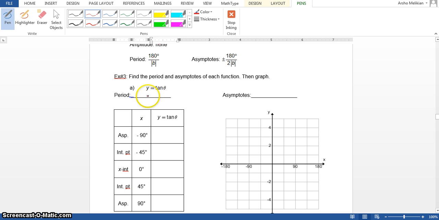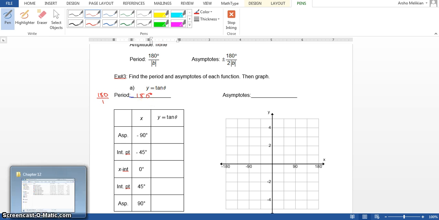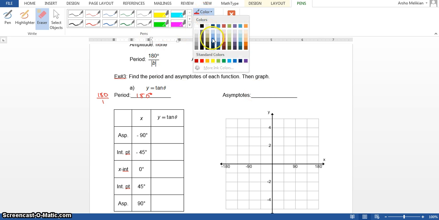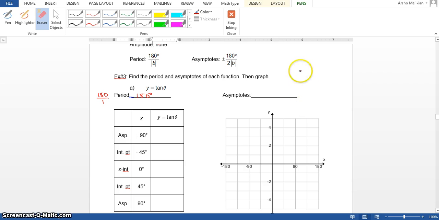So here we have y equals tangent of theta. The period is 180 over 1, so it's 180 degrees. Okay? The asymptotes are going to be x equals, you must say x equals. So let me do some preliminary work here.